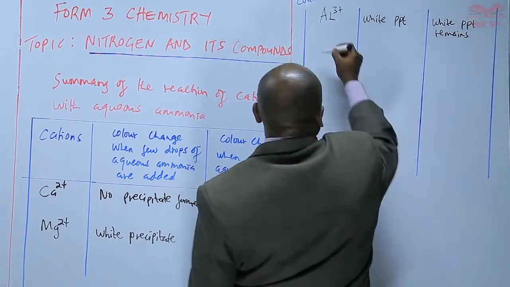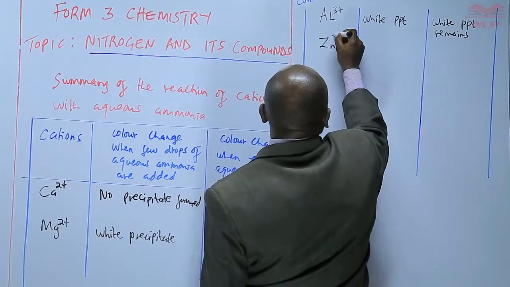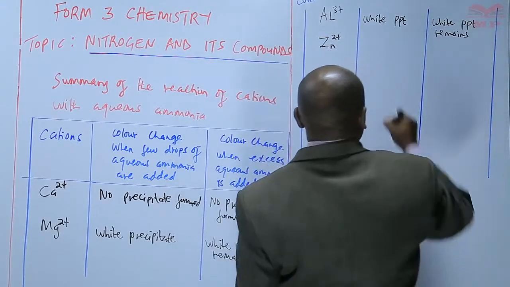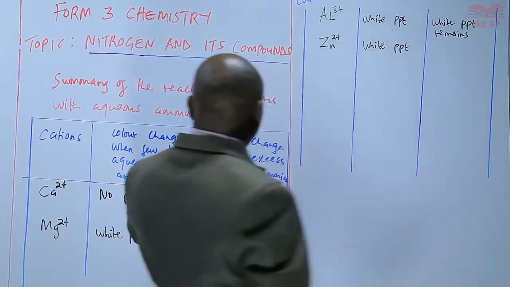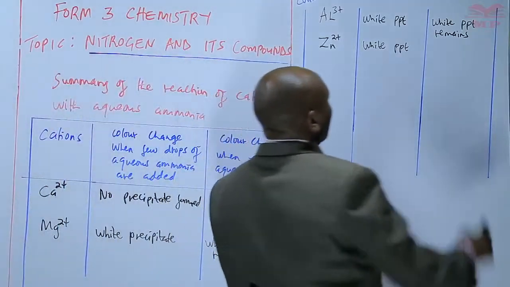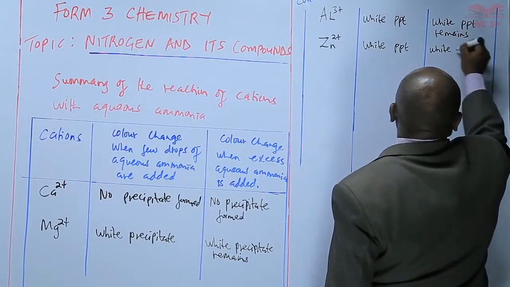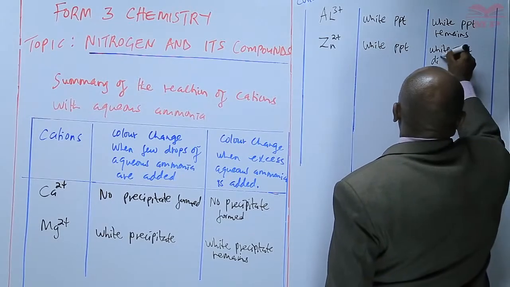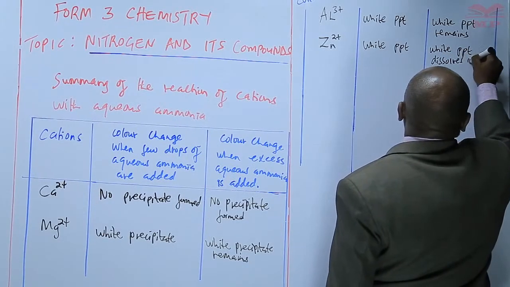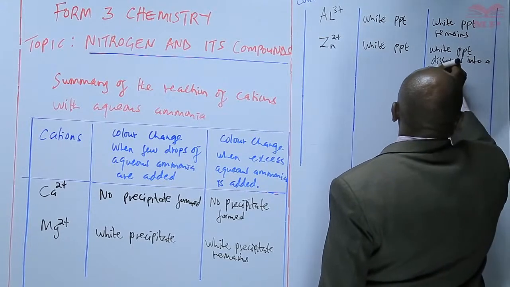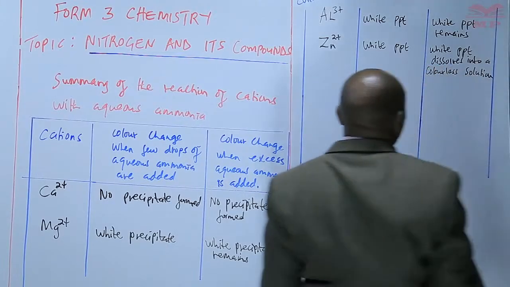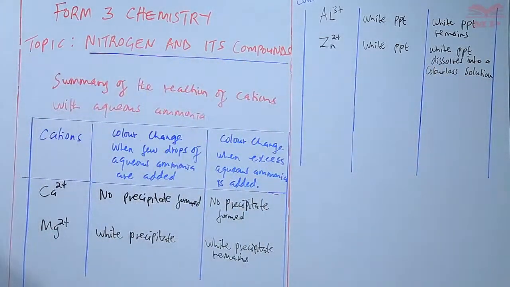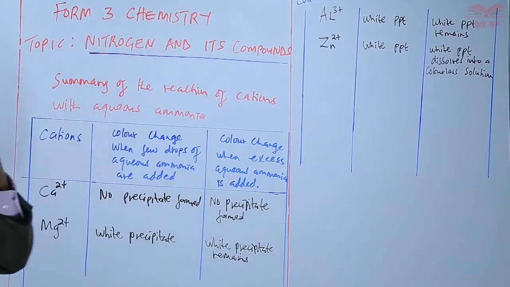Then zinc ions, which also form a white precipitate, but when you add the excess aqueous ammonia, the white precipitate dissolves to form a colorless solution. So the zinc ions form a precipitate with the aqueous ammonia, but that precipitate dissolves.